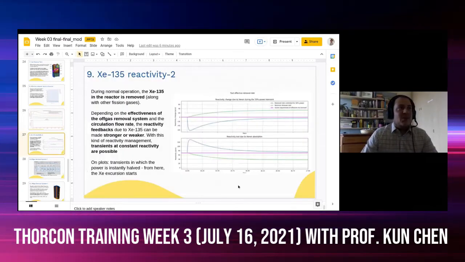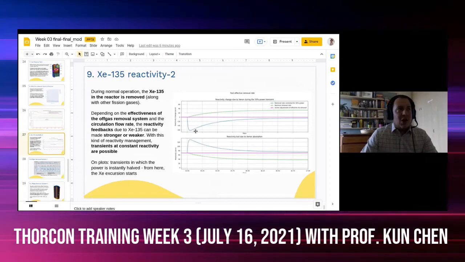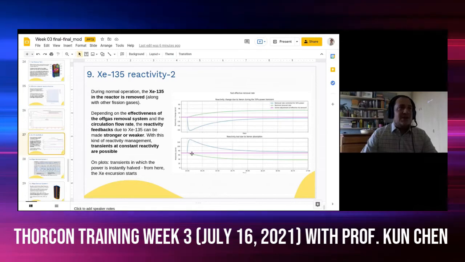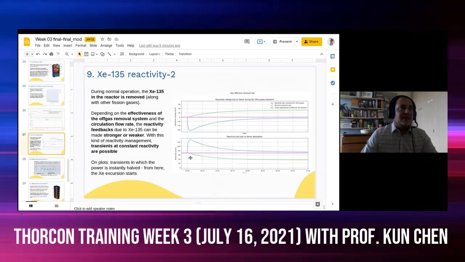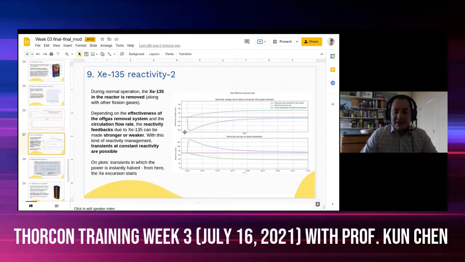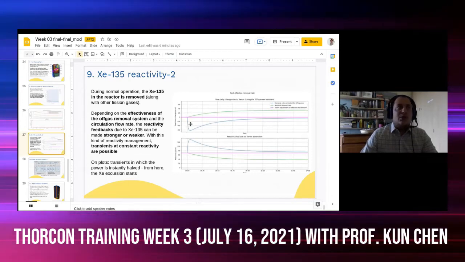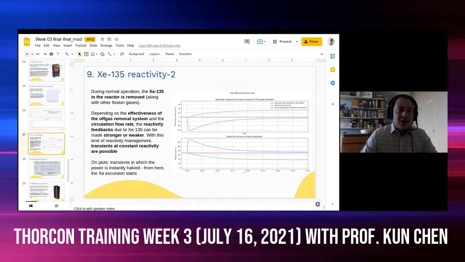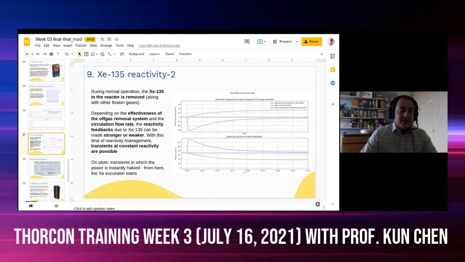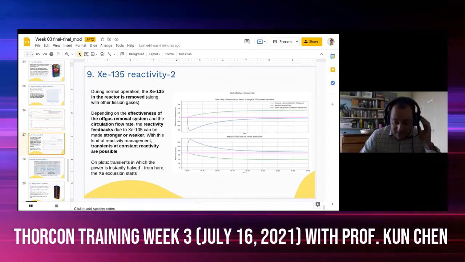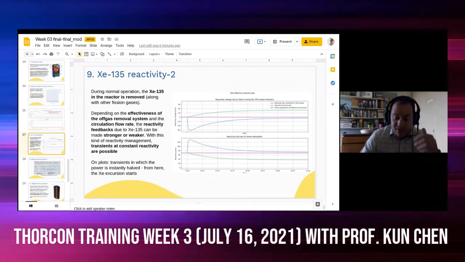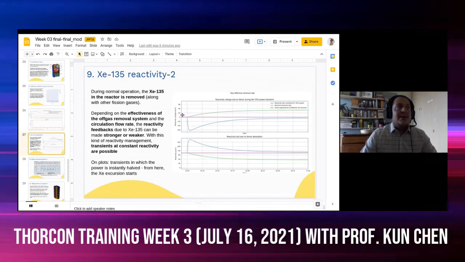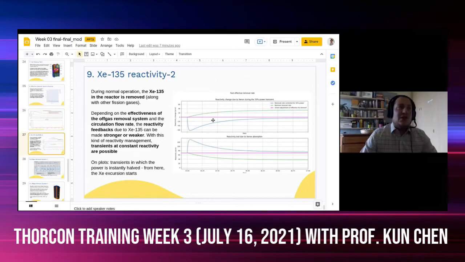So in a simplified way, regardless of the effectiveness in removing the xenon, we can assume that the ThorCon reactor, if it's possible to tune and change the effectiveness in removal in response to a transient, we will always be able to maintain a net zero reactivity effect.